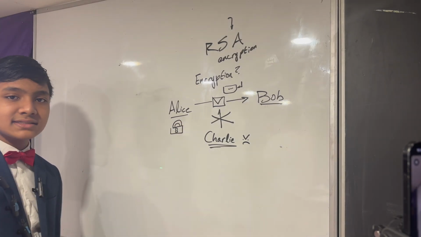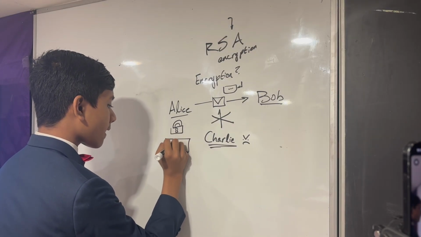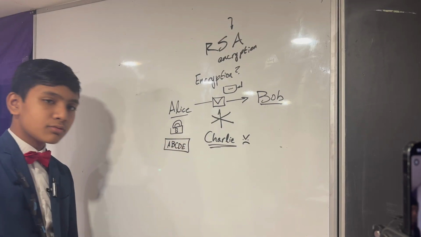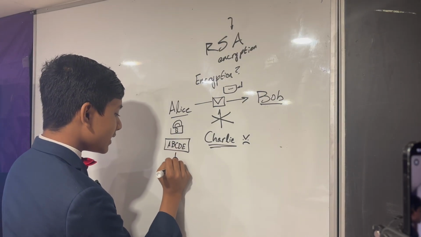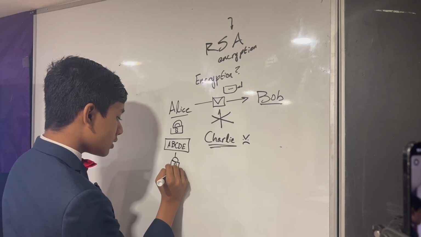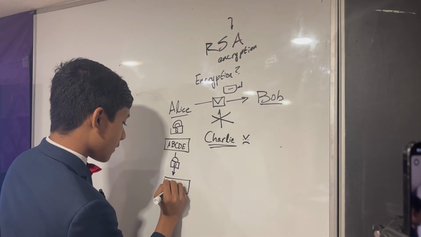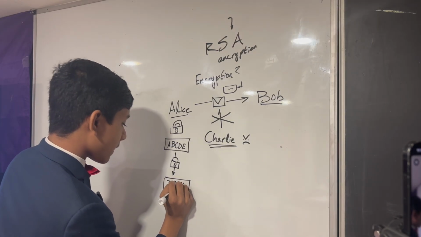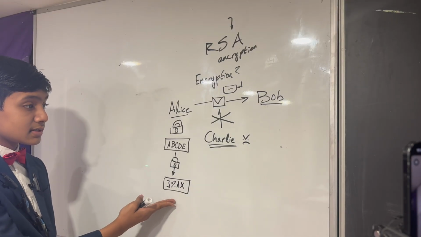So, she's not actually going to send her real message. Instead, she's going to encrypt it using a publicly available lock that everybody knows how to use. So she's encrypted it, and now it looks like this.